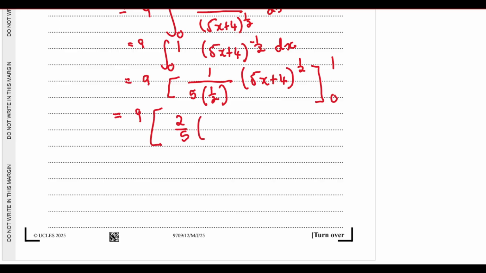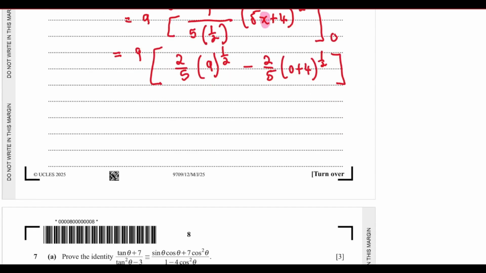Now I'm substituting the 1 in there. I'll have 5 times 1 plus 4, which is 9, to the half. Okay, and we subtract the 2 over 5 and we substitute the 0. It will be 0 plus 4 to the half.